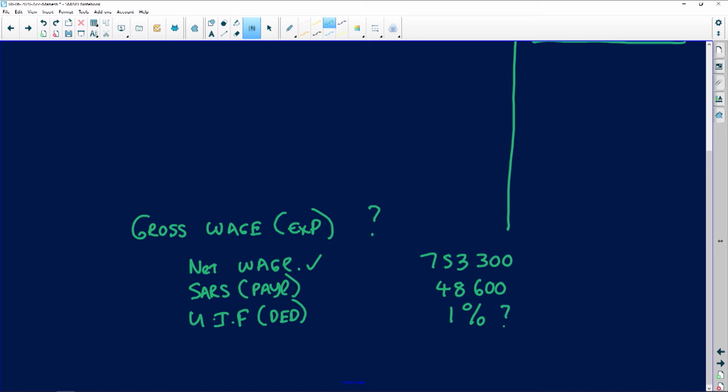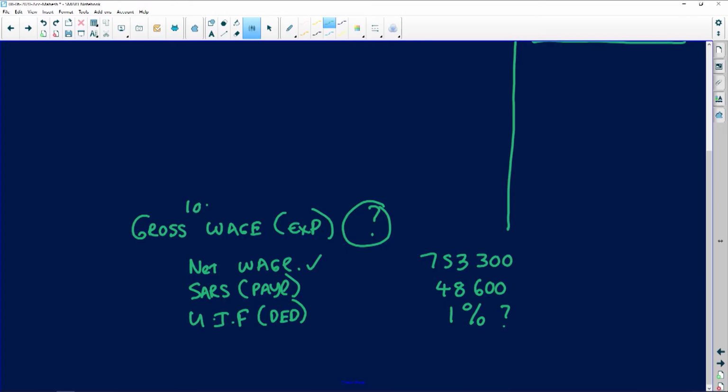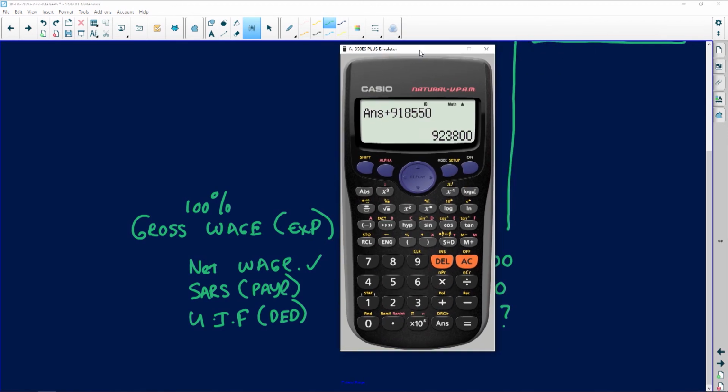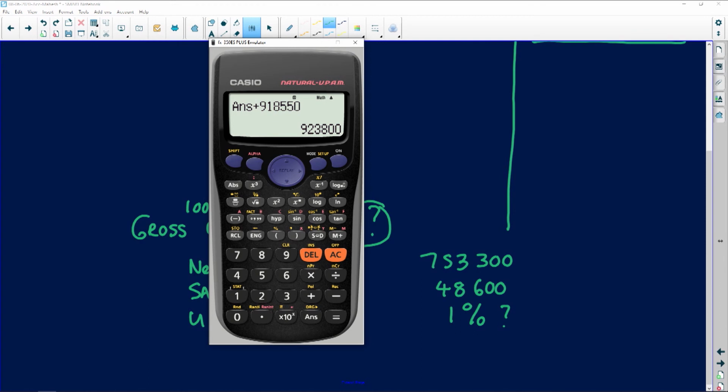Right, now remember grade 12, I need to calculate my gross wages. Now, your gross wages is always the 100%, okay? 100% before any deductions. So looking at the figures that are given to me, all I've got to do is obviously add. So if I take my net wages, and to my net wages, I'm now adding my SARS.